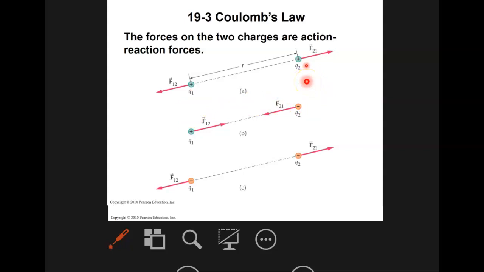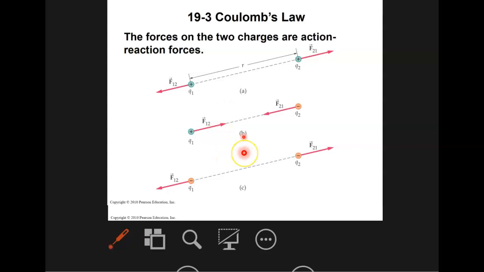Like charges repel, so the force is now denoted with an arrow. The force direction is going in the opposite direction for each of these charges. And you can see there's also a distance between the two charges. I'll talk a little bit more about that, but as the distance decreases, the force increases.